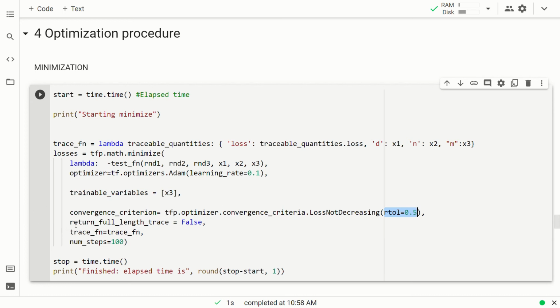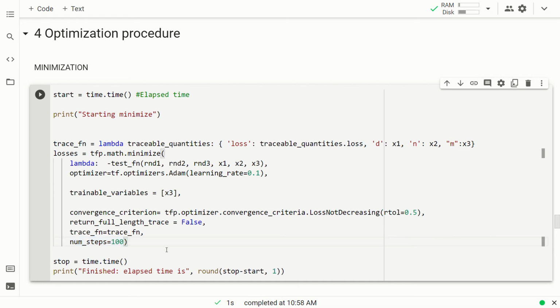Okay, here are some other parameters that need to be defined, and in the end, one of the most important is the number of steps, so the number of iterations that we want to perform during the minimization algorithm.